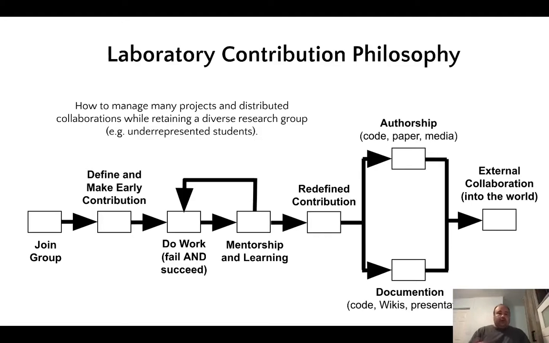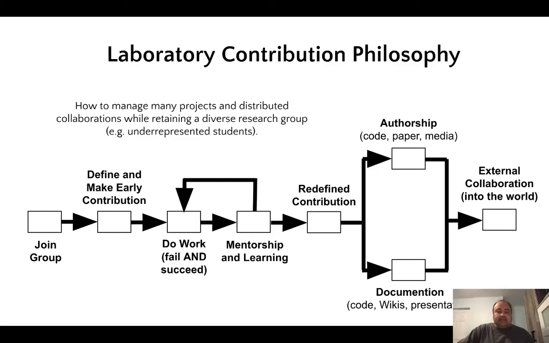Then you do the work, and you do additional work on it, and you either fail or you succeed. Sometimes you do both in different ways. That's where the mentorship and learning comes in. The mentor will encourage the person to focus on what worked and not ridicule them or necessarily make them do it over, but just get them into this pipeline.